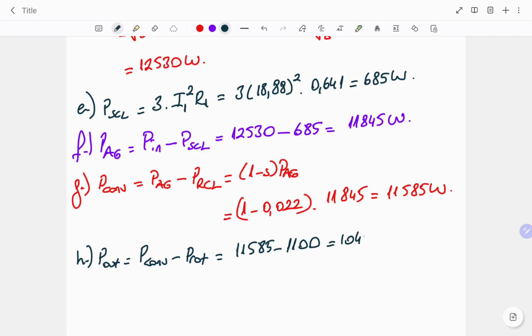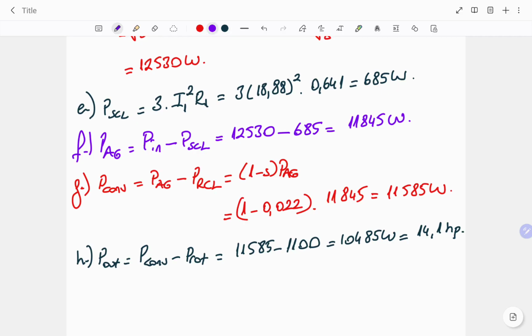So 10,485 watts will be the output power according to our operation point. When you convert to horsepower, it will be equal to 14.1 horsepower, and according to our rated value, which is 25 horsepower, 100% rated output power, we have less power. So it will be nearly 56% of the rated output.